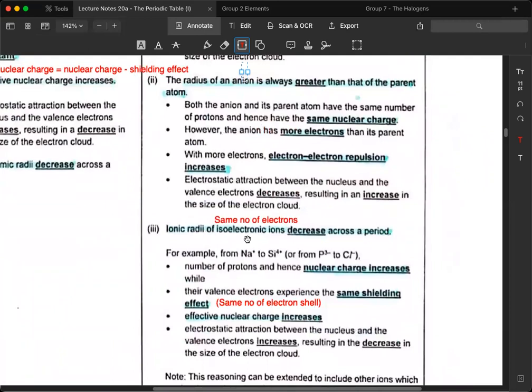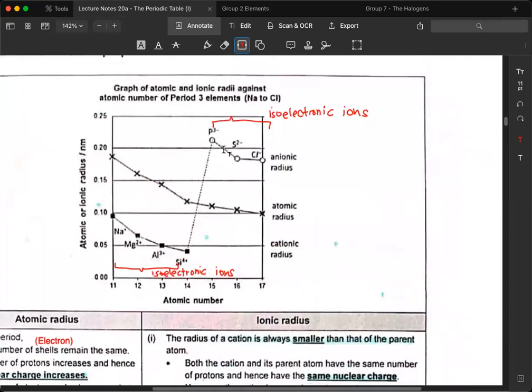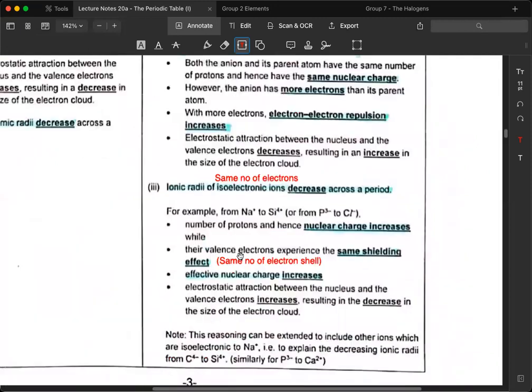Isoelectronic ions refer to ions having the same number of electrons. For these isoelectronic ions, the ionic radii will decrease across the period. For example, from sodium ion to silicon, the number of protons and nuclear charge increase. Shielding effect is the same. Effective nuclear charge increases.